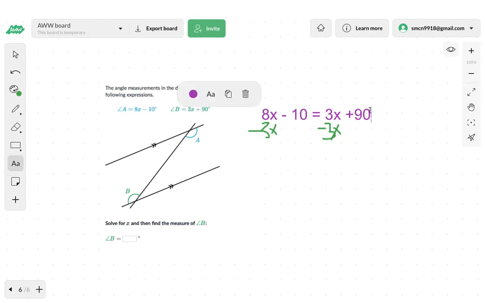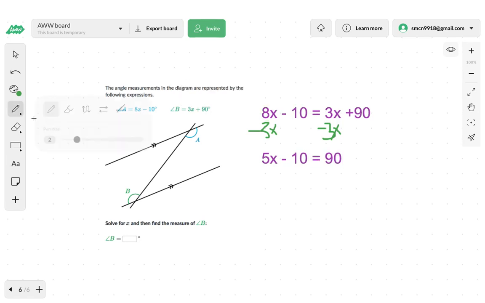So 8x minus 3x will give you 5x. I'm going to bring down the rest of the equation, and you should be left with a double step equation. So I'm going to go through the steps just to keep us fresh and reminded of how to do it. So I'm going to add 10 to both sides. And I'm going to solve that.